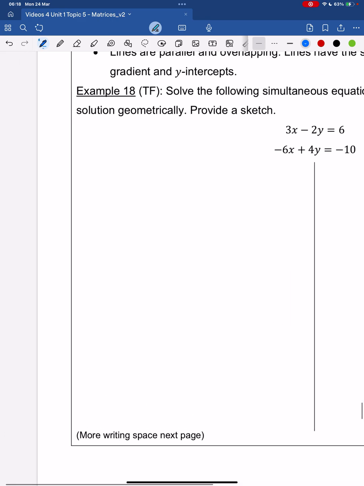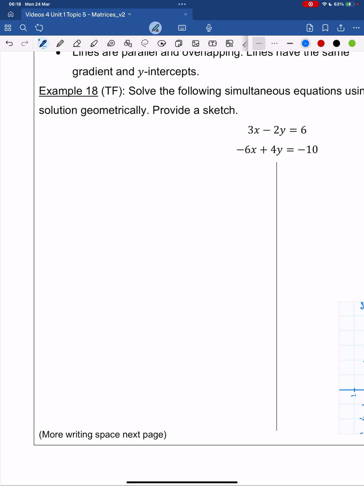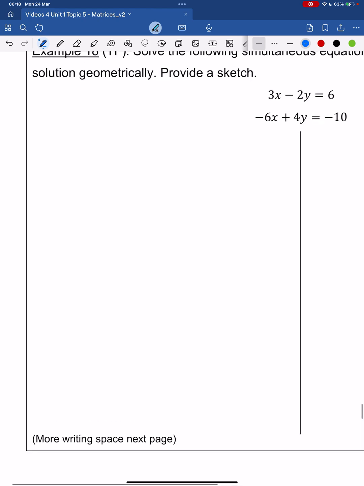All right, so we've had a lot of practice with setting up matrix equations. So let's use matrices to solve these two. So we have 3x minus 2y equals 6, and we have negative 6x plus 4y is negative 10. That's equation 1 and equation 2.